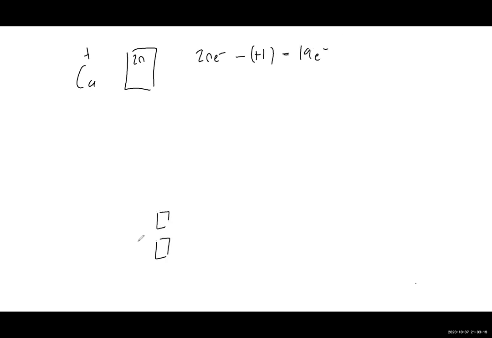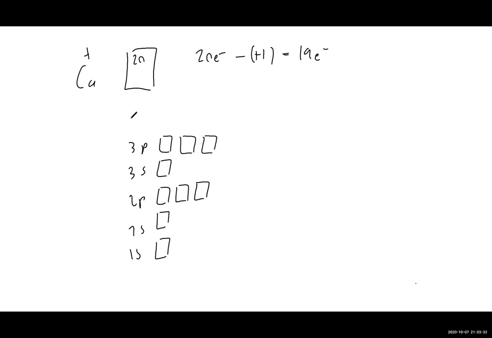We then write out our orbital box diagram. And then we fill in our orbital box diagram from lowest to highest energy. 2, 4, 6, 8, 10, 12, 14, 16, 18, 19. Does that make sense to everyone?